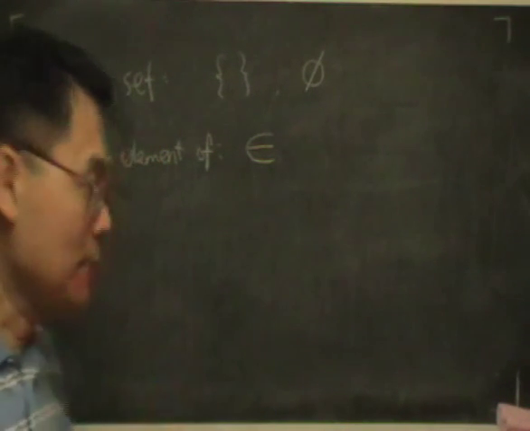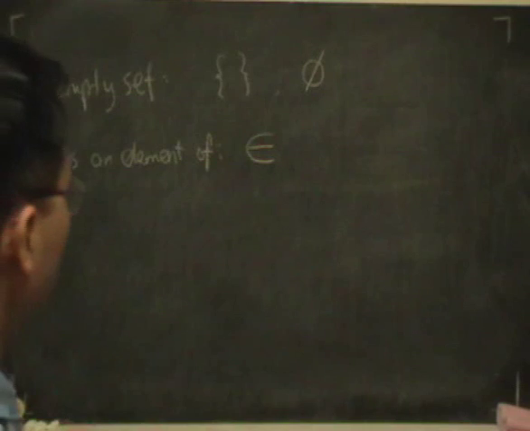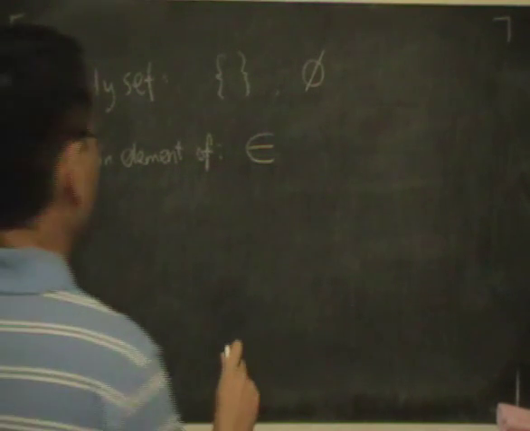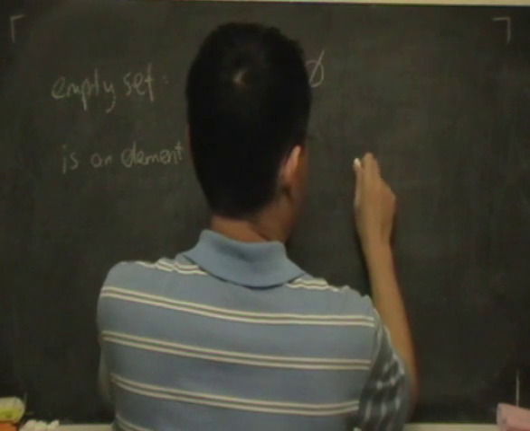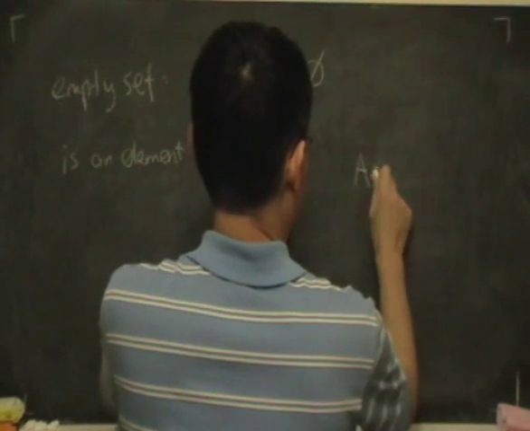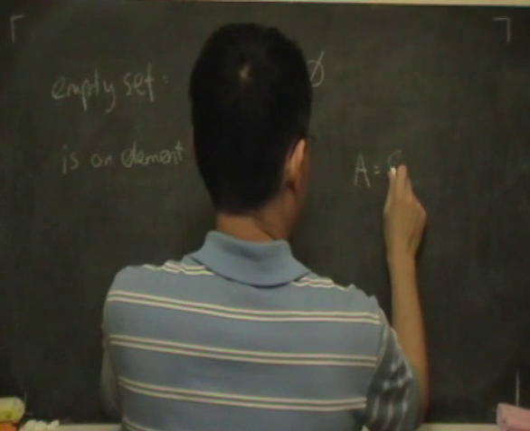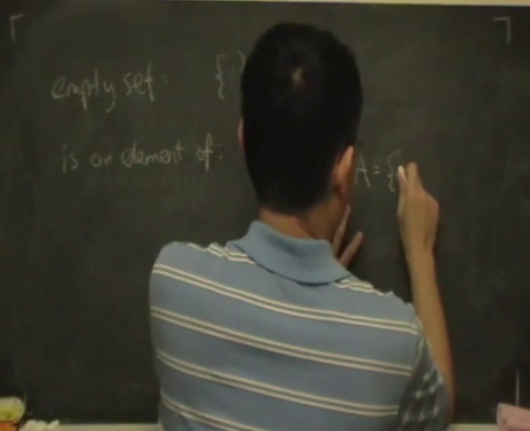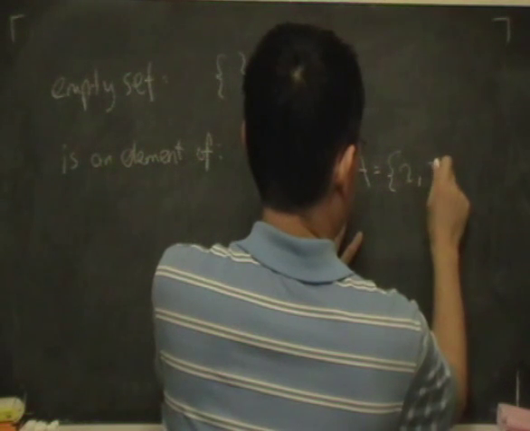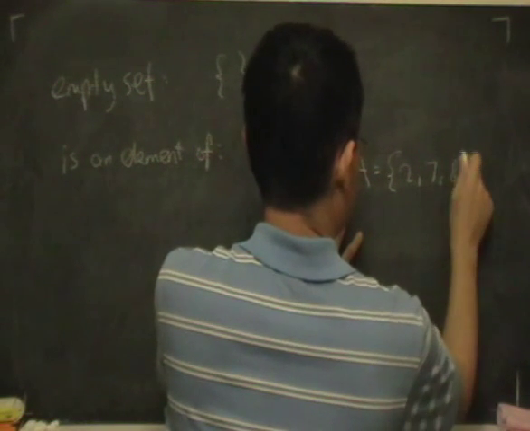How do we use this? Let's look at an example. Right, if I have, say, the set A again, well, maybe not again, but I'll just make up something like 2, 7, and 8.